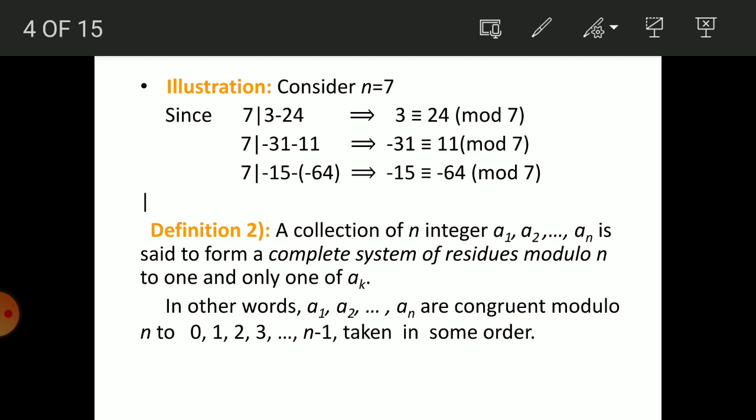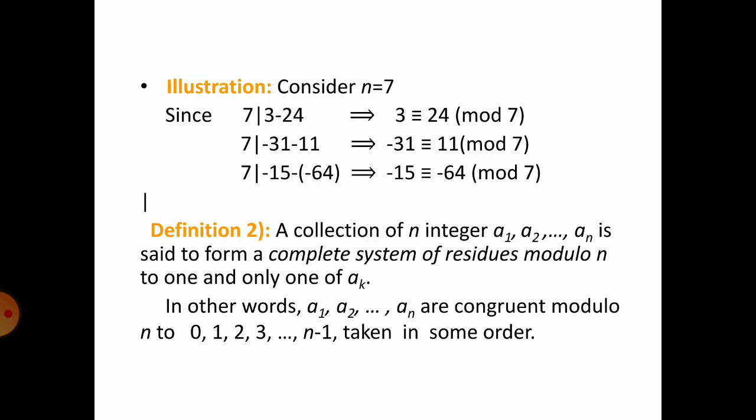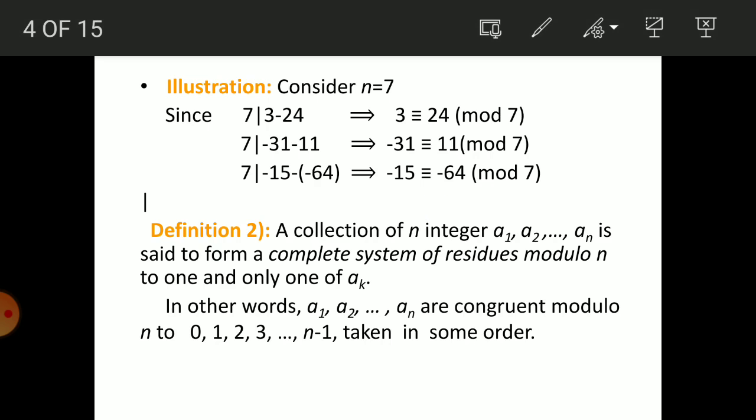In the same manner, 7 divides minus 15 minus of minus 64, because minus of minus 64 is plus 64, and minus 15 plus 64 will become 49, and we know that 7 divides 49, therefore minus 15 is congruent to minus 64 mod 7.